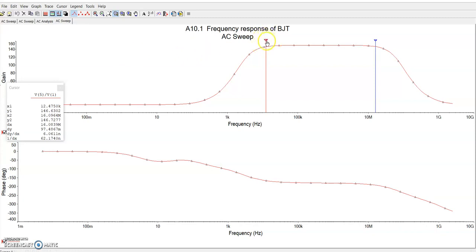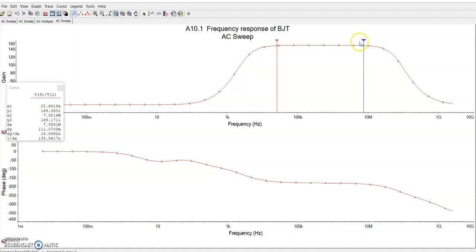I've already placed them. You can vary the cursors and place them wherever you want. Here in this case, for the midband gain, you can observe the Y value is constant over these places. So it is 149. We have to subtract 3 and place the cursors for the bandwidth.